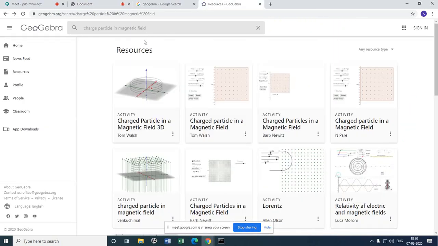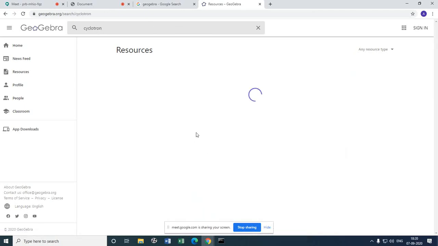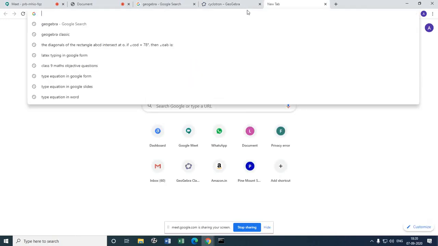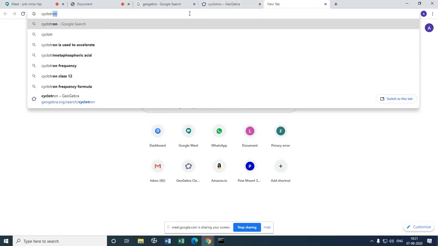Okay, wait. Before that, let us see one resource from here. Let us see one cyclotron. Okay, I will show you a real life scenario of a cyclotron.